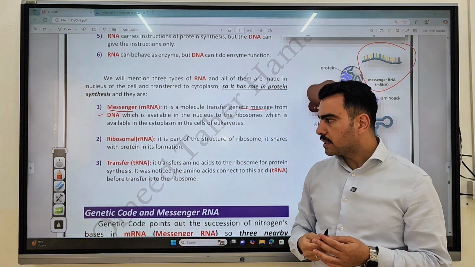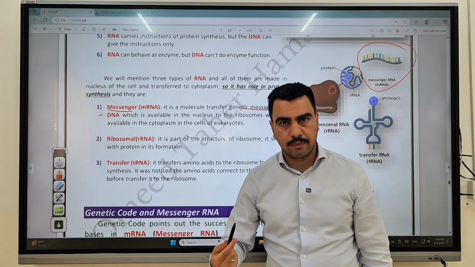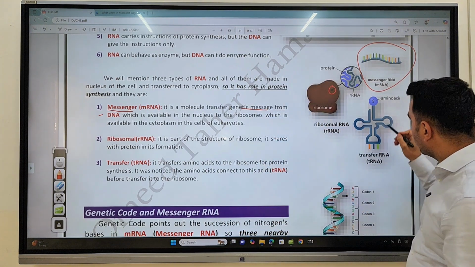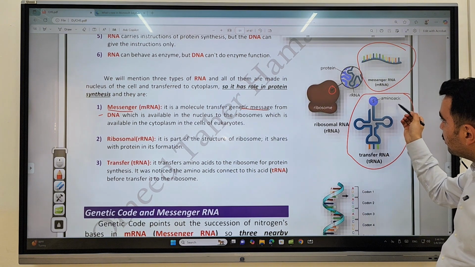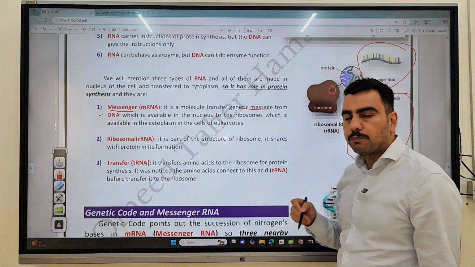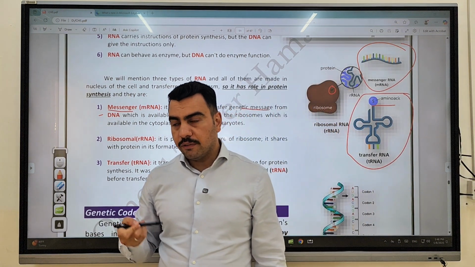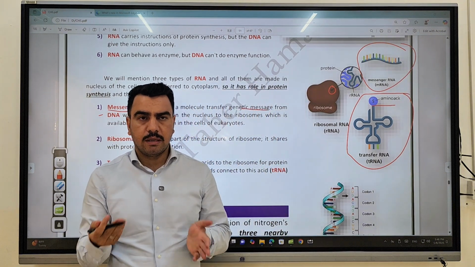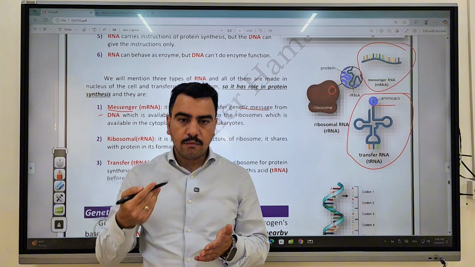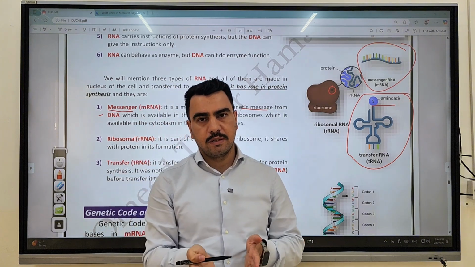What does it do? It transfers, it transports something, isn't it? Here we have this gentleman, which is transporting amino acids for protein synthesis. Maybe you are going to ask me, what's an amino acid? An amino acid is the building block, the basic unit of proteins, isn't it?